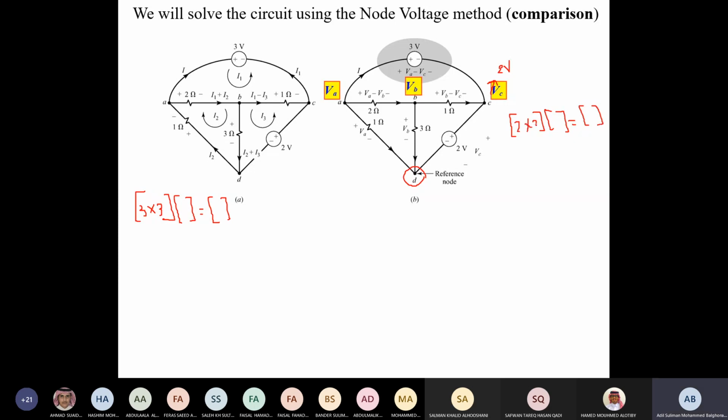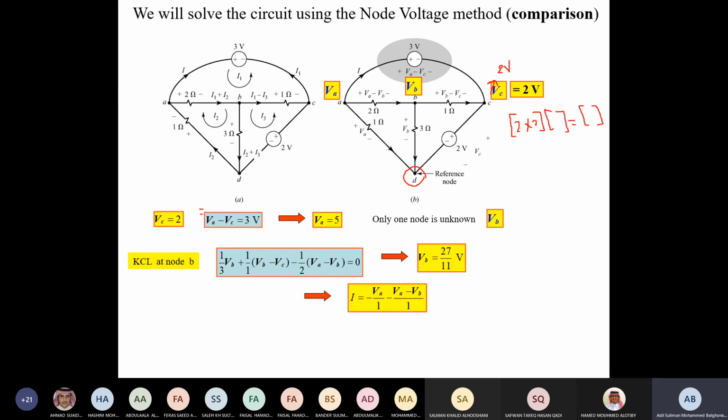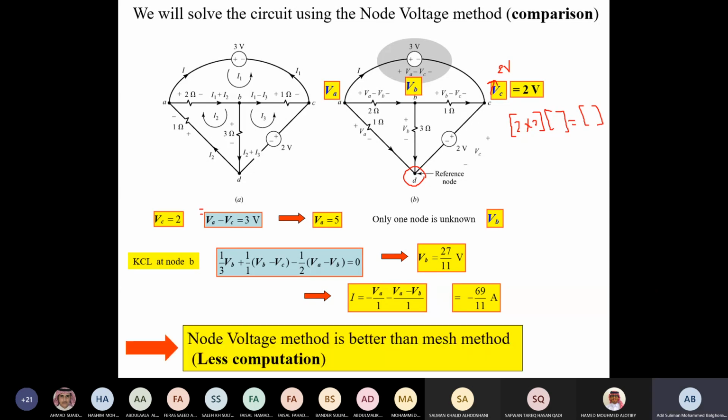However, we can solve it with nodal analysis using the restriction from this voltage source and the one by inspection. And then what we will find is we don't even need a matrix form. We can solve it by substitution, and I get the same result for I. Of course, in this case, nodal analysis is preferable over mesh analysis. Why? Because it has less computation.